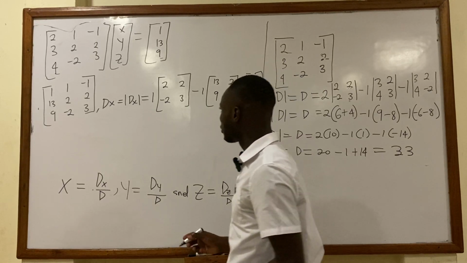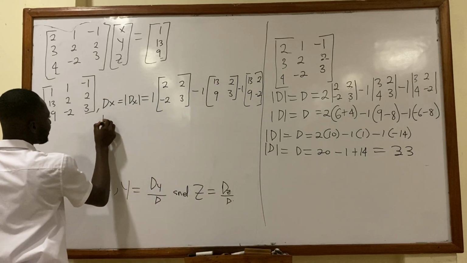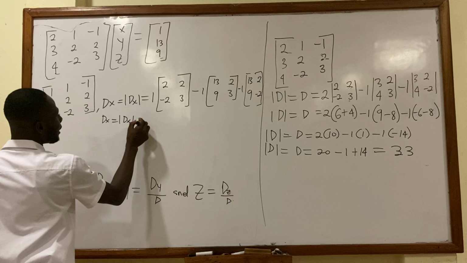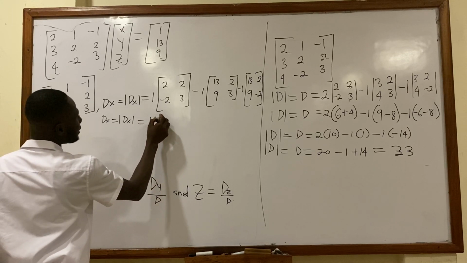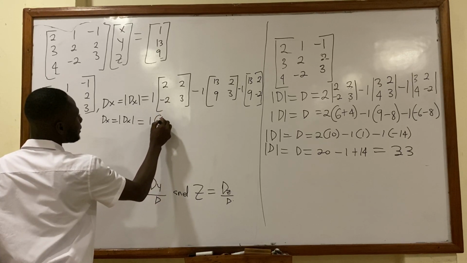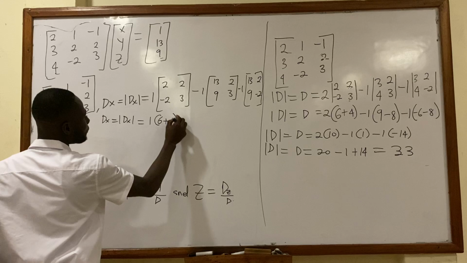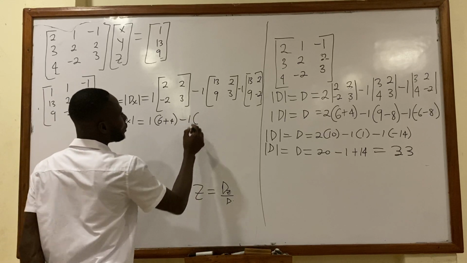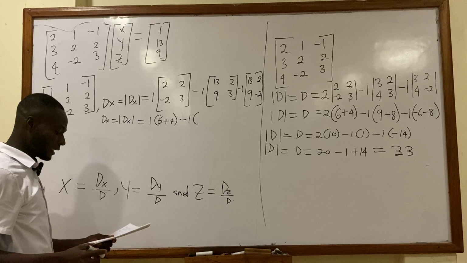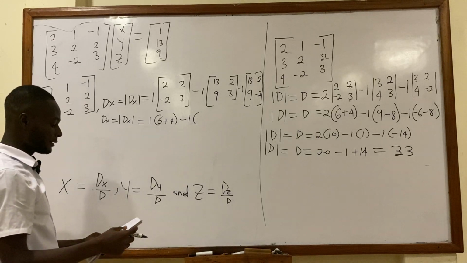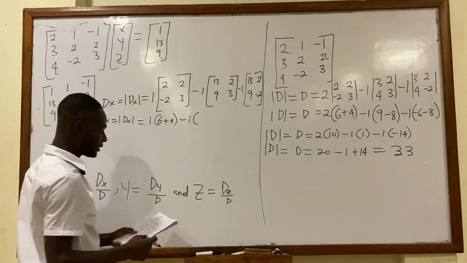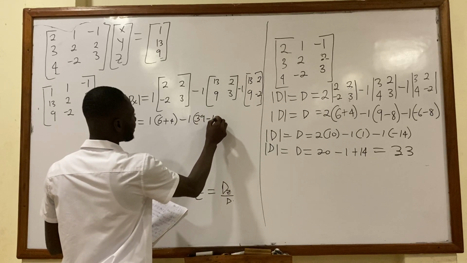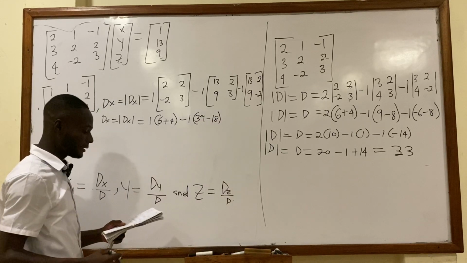Right? So let's find the Dx, which is equal to the determinant of the x, and that is equal to 1 into 6 plus 4, right? Minus 1 into 13 times 3, which is 39, minus 18, right?